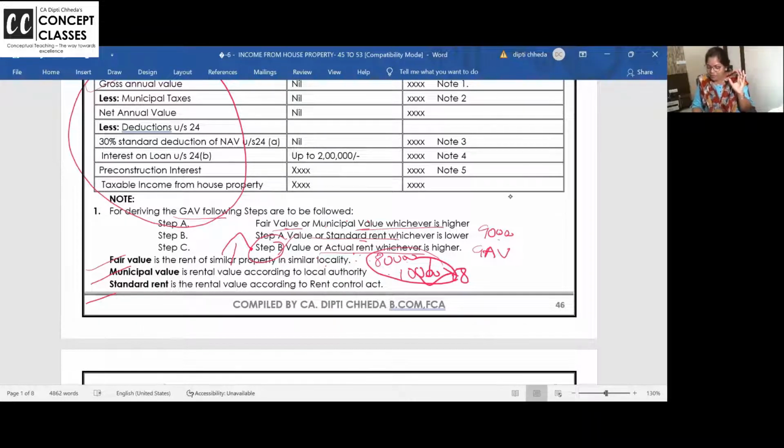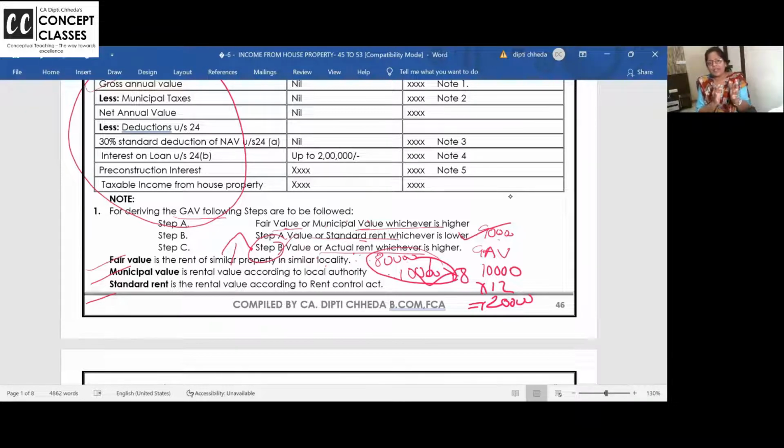If the property had not been vacant for 4 months, then 10,000 into 12, 1,20,000, is much higher than 90,000. Right now 90 is higher. I am doing all this orally because I am doing revision. Otherwise, go back to those classes where we practiced only GAV for 2 classes. Is this revision clear?